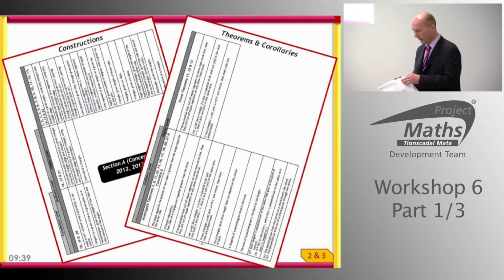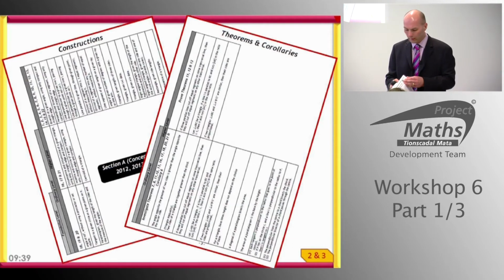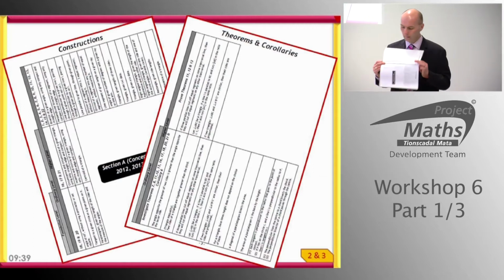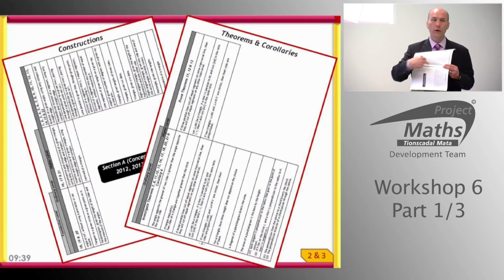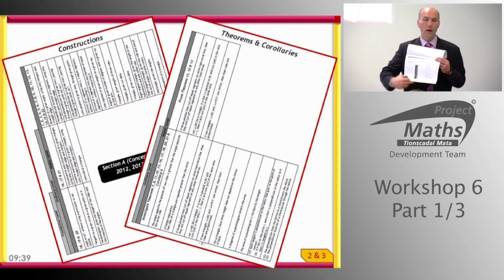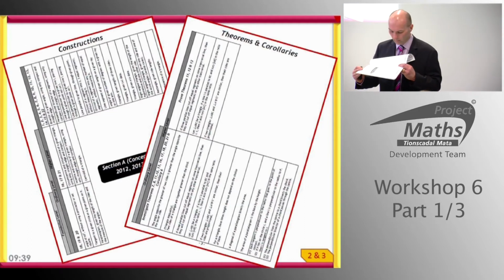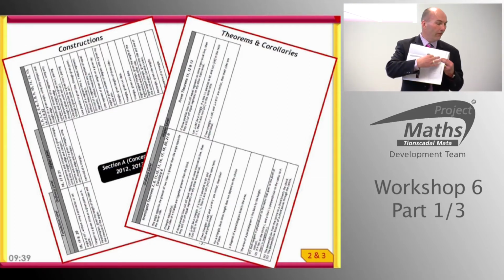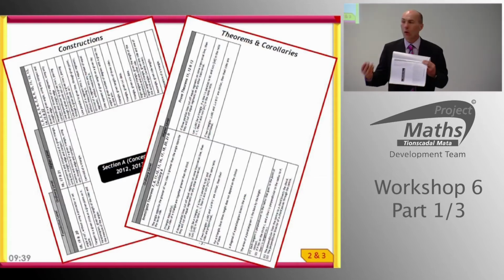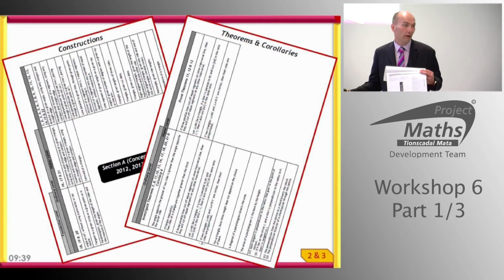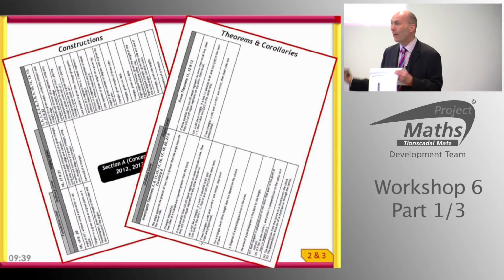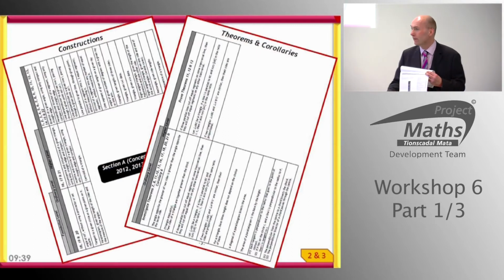And again, you'll see from the embedded nature of the syllabus, your foundation level, your ordinary level, and then your higher level. All right. Now we've actually taken the numbers away from beside them because we're not going to say, right students, we're doing Theorem 11 today. The only thing we do by numbers is painting. All right, so we're not going to teach these theorems of construction by specific numbers, okay? So there's your constructions broken down, and there's your theorems, okay?